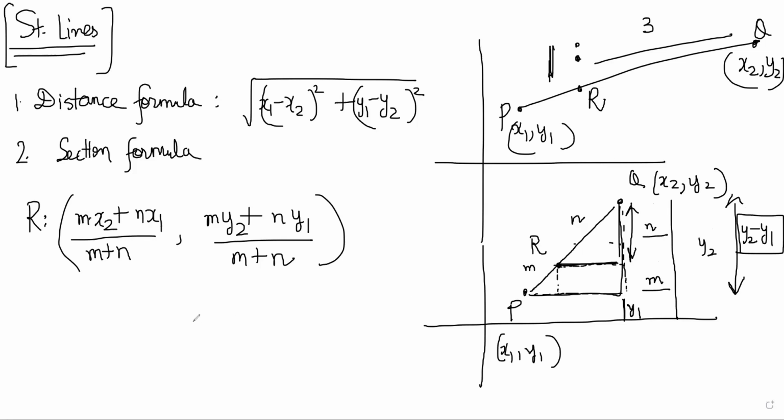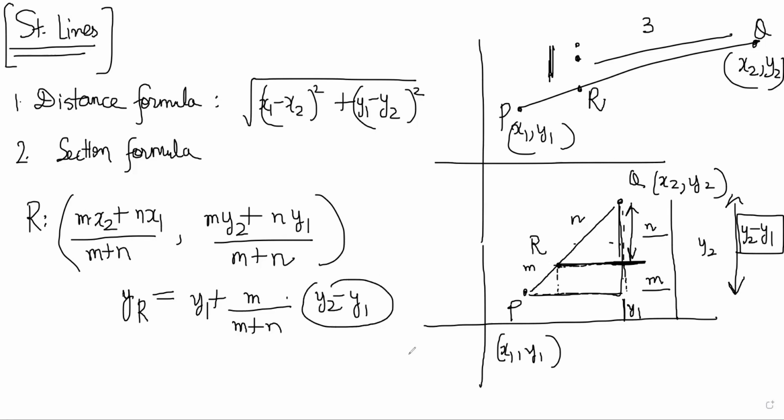So R's y coordinate should be equal to y1 plus m by m plus n multiplied by y2 minus y1, right? Basically, what fraction of the total height that you have to go up. You understand what I'm saying?